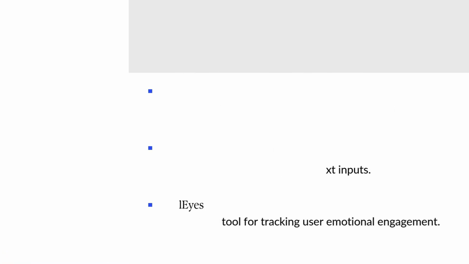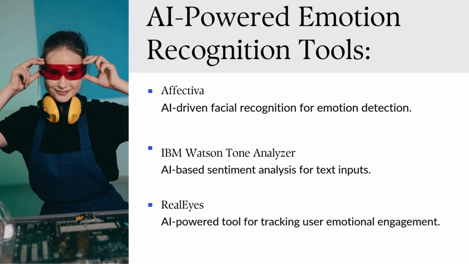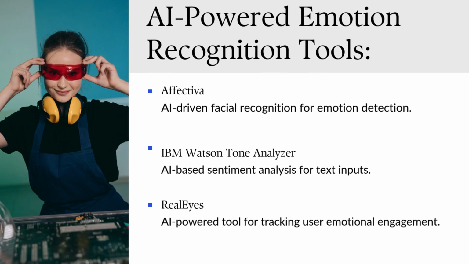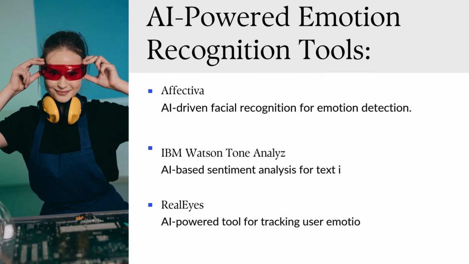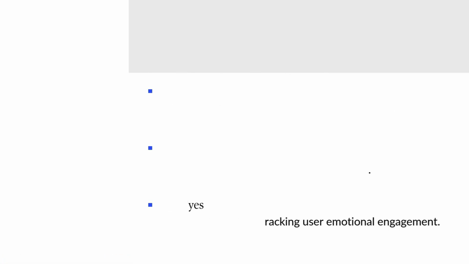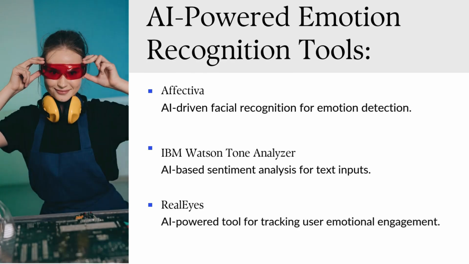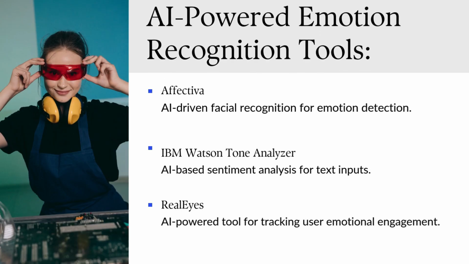This is an AI-powered emotion recognition tool that is based on sentiment analysis for text input. Next is Real Eyes. This is an AI-powered emotion recognition tool for tracking user emotional engagement.